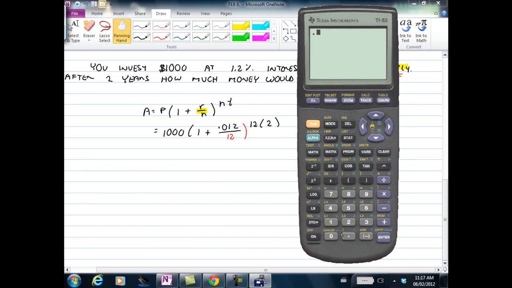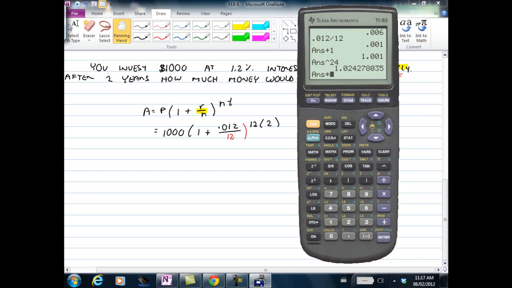I go 0.012 divided by, sorry, divided by 12. I'm going to add that to 1. I'm going to do the exponent next because we've got to follow BEDMAS. Exponent, so kick it in. Exponent to the power of 24.